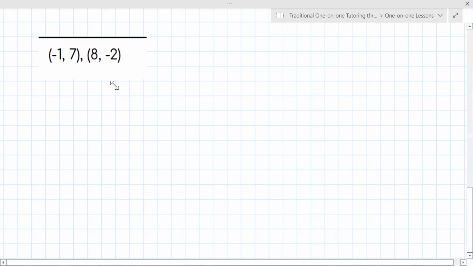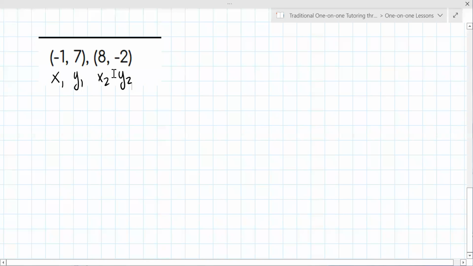All right. So let's look at the next two data points, ordered pairs here. The good idea is to always label them x1, y1, x2, and y2. The ones always go together and the twos always go together. Okay, can you tell me the slope formula?